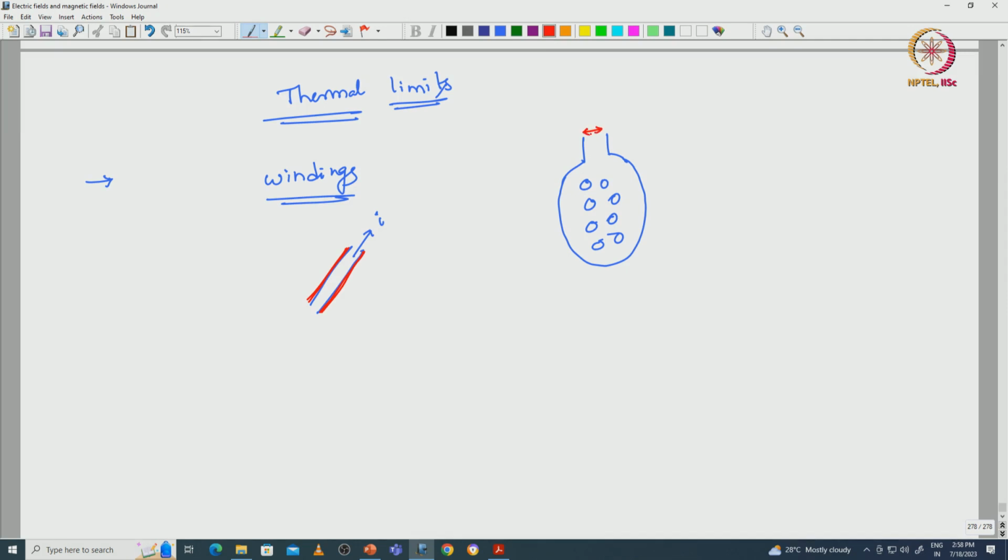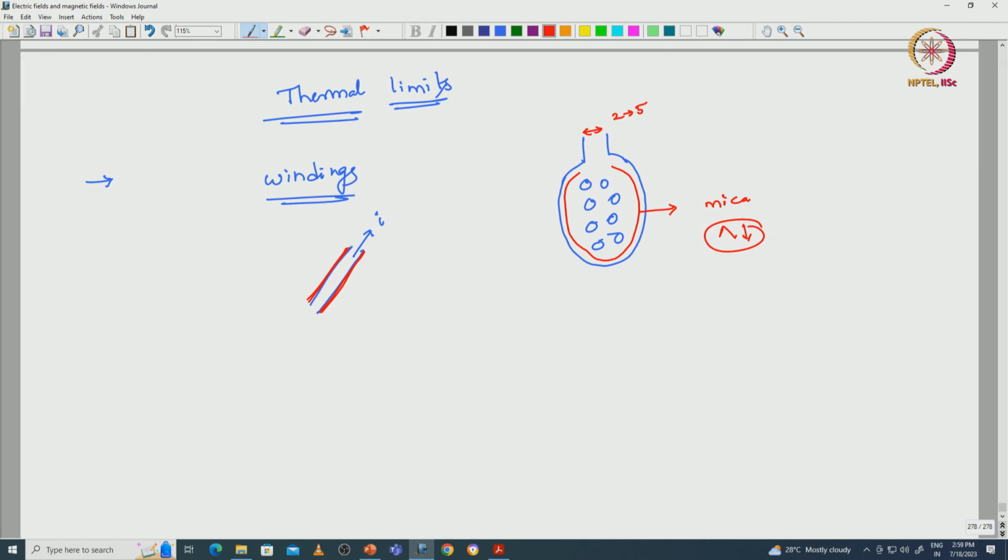Only the slot opening is 2 to 5 times the conductor cross sectional area, and there is a slot liner, an insulating material made of mica or polyester film, and the thermal conductivity of this kind of insulating paper or mica paper is very low. So, we cannot remove the heat through conduction here because of the insulating material.